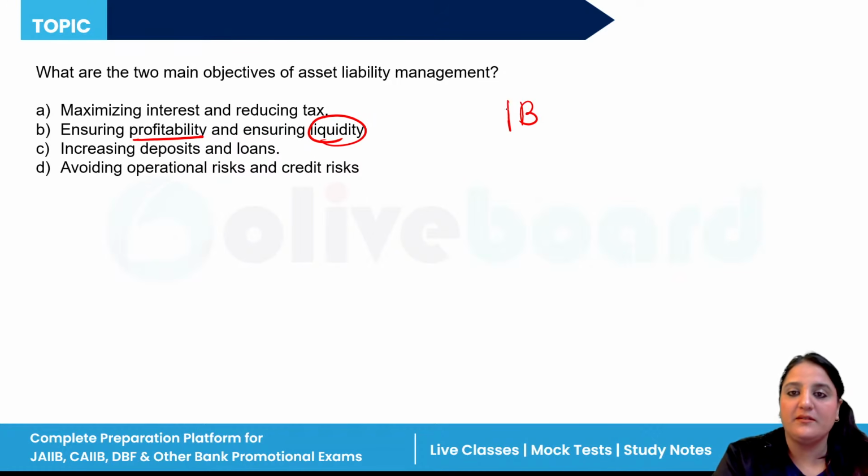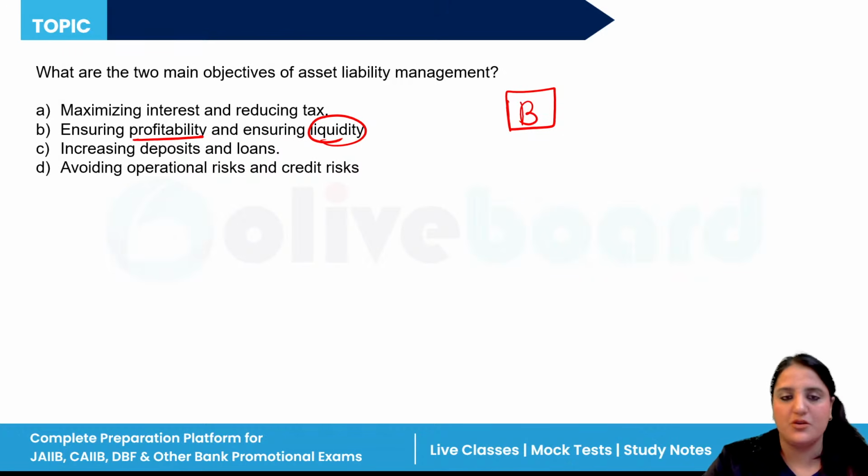So option B is correct here. And you know what asset liability management is: just managing all the assets and liabilities present in an institution.